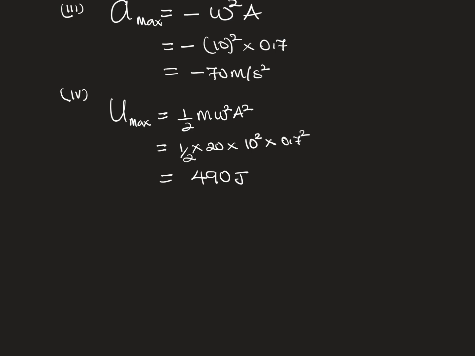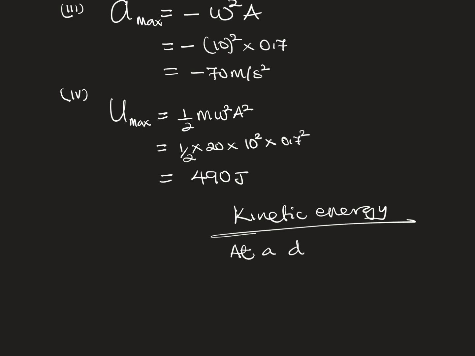Kinetic energy at a point: if they give you a displacement, kinetic energy is half m omega squared into (A squared minus x squared).